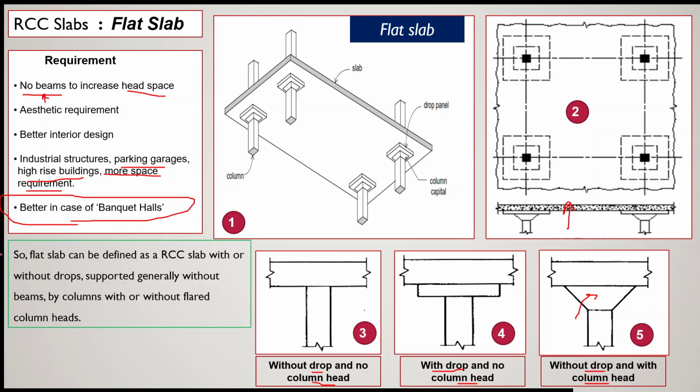So here we can define a flat slab. A flat slab can be defined as an RCC slab with or without drops, supported generally without beams by columns with or without flared column head. So this one is a flared column head. You can provide a flared column head or not.